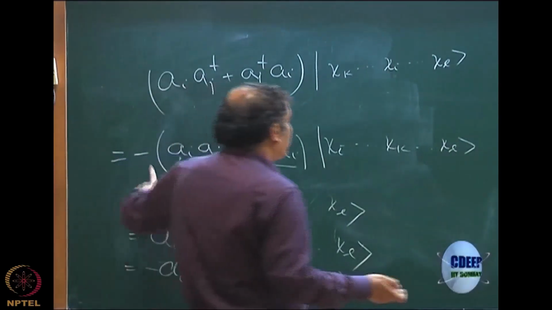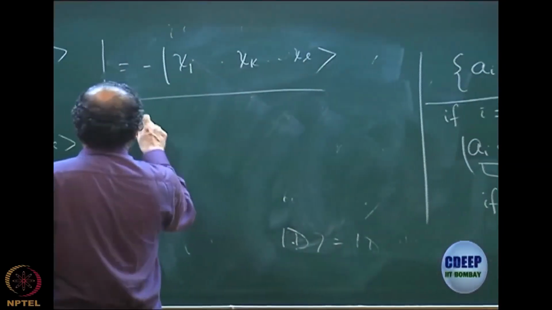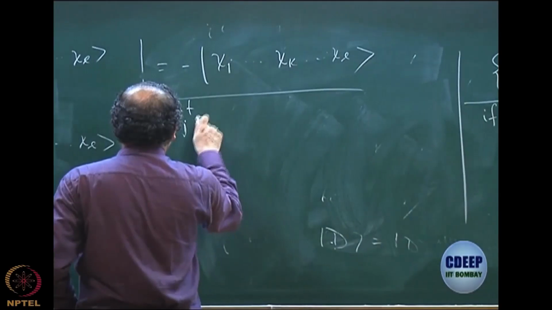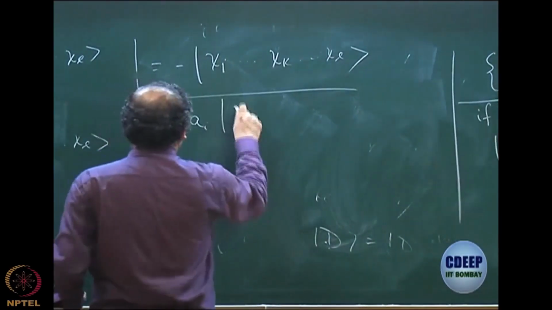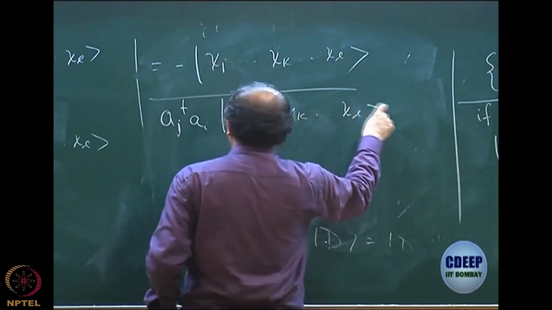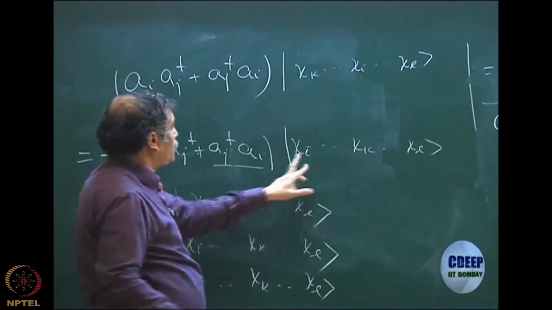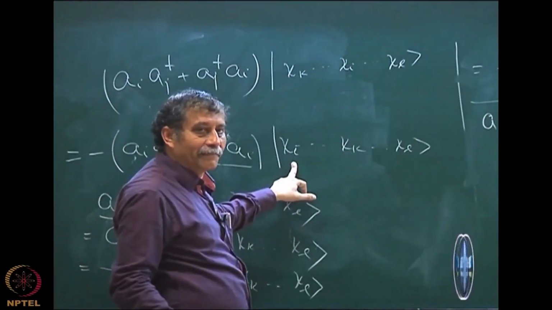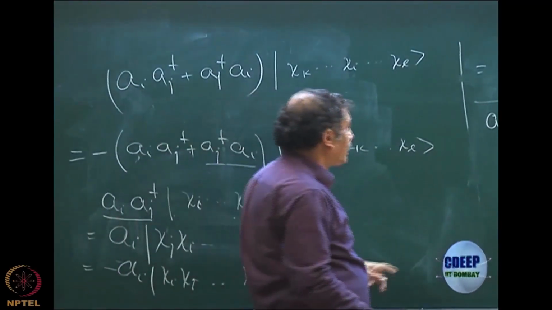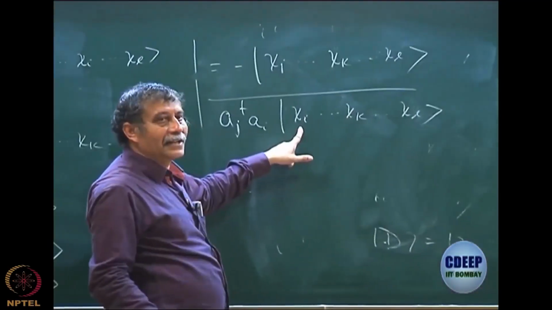Okay. So, the next is AJ dagger AI, acting on the same determinant, chi I, chi k, chi l. Remember, I had an arbitrary determinant. I have first this negative sign to bring chi I here, interchanging with chi k. Now, this is easy, because simply I is annihilated, j is created.